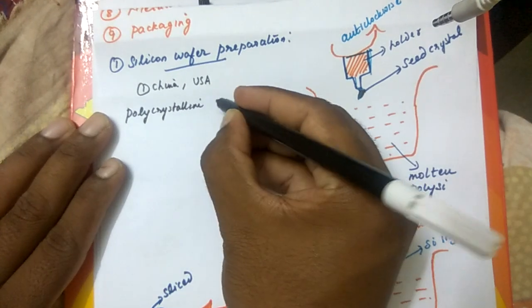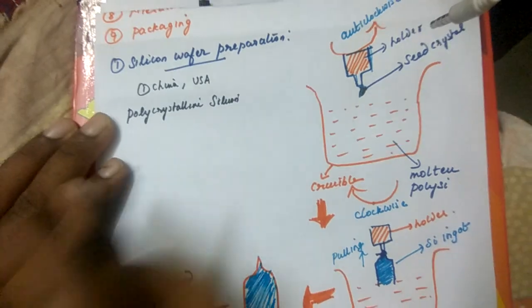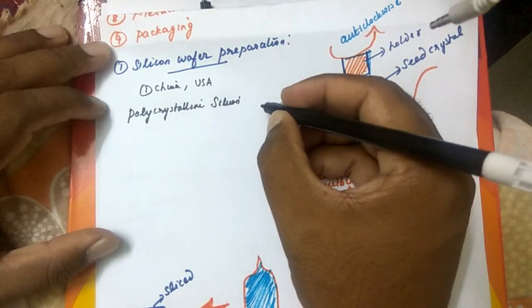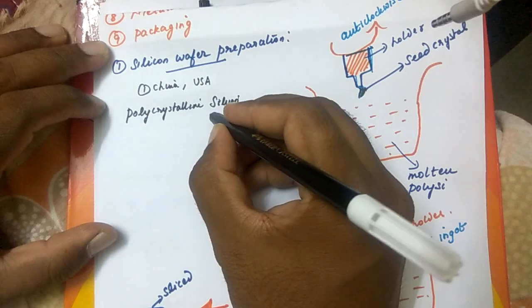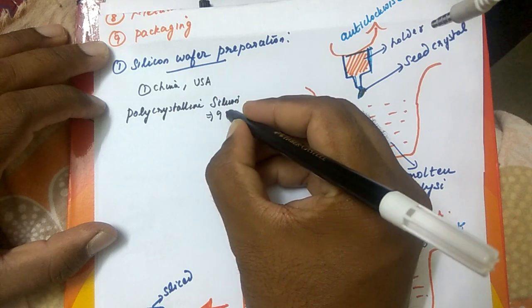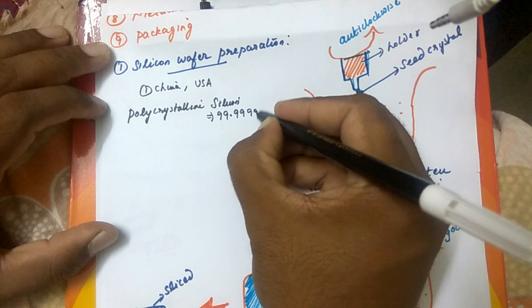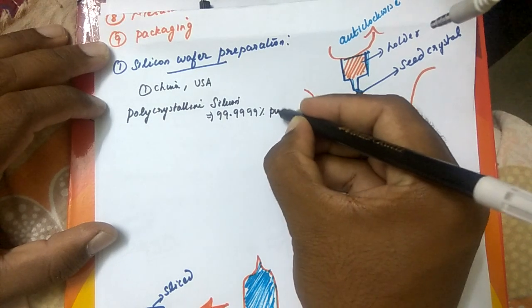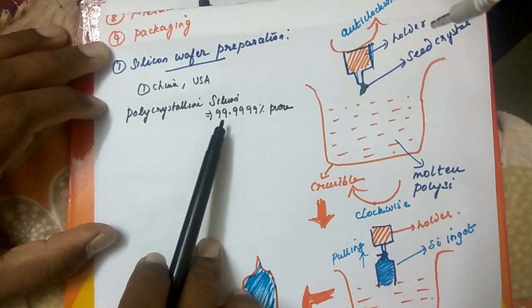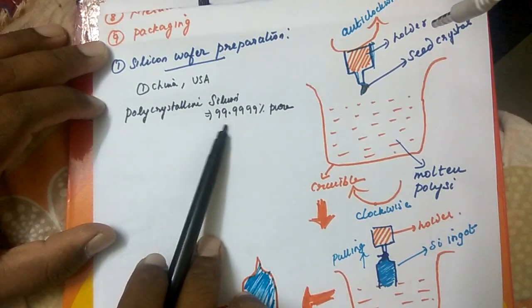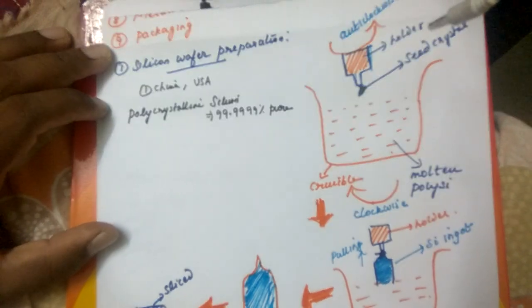Polycrystalline silicon is the purest form of silicon. Let's say the purity is claimed in this manner, 99.99% pure. The purity of the silicon is somewhere close to 100, okay, 99.98.